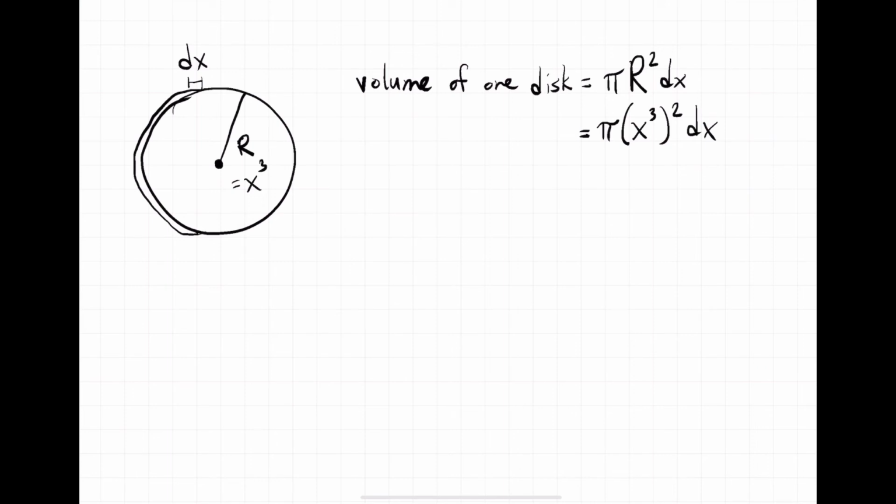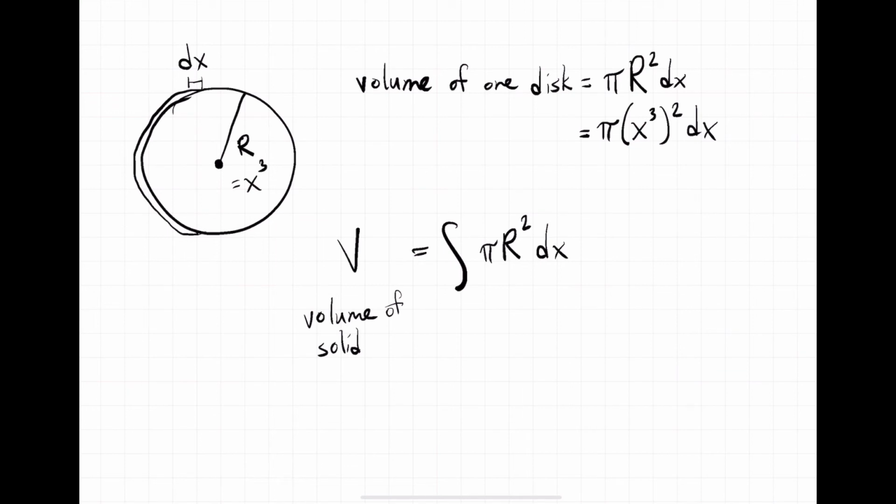And really, what we're doing is we're taking the integral. So the volume of our solid is just the integral of the volumes of our individual disks, pi r squared dx.